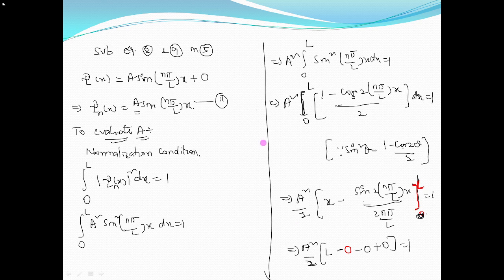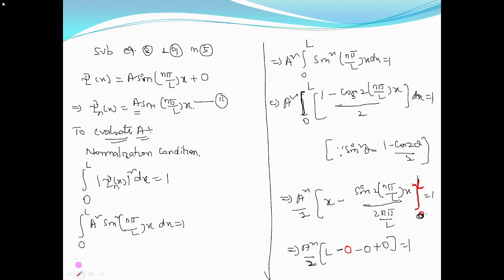So you got a square L by 2 is equal to 1, which implies a is equal to square root of 2 by L. This is equation number 12. I got the value of a, root 2 by L.